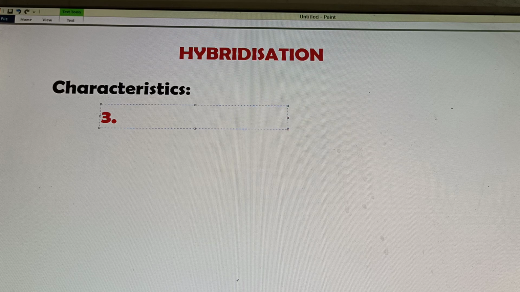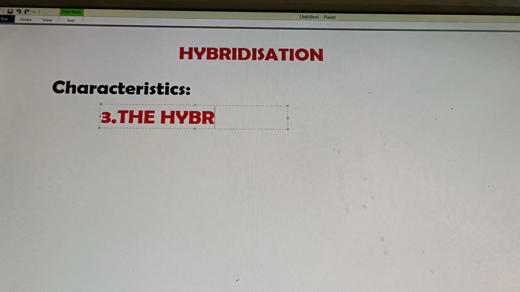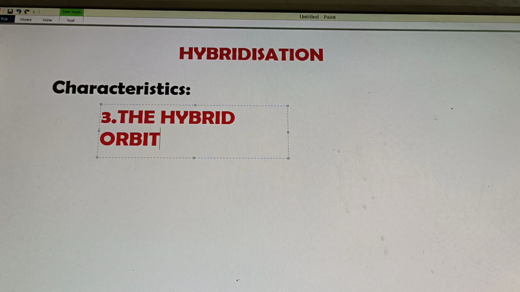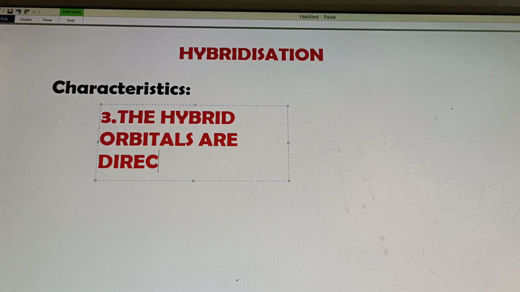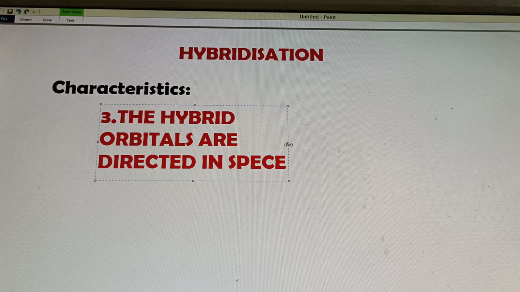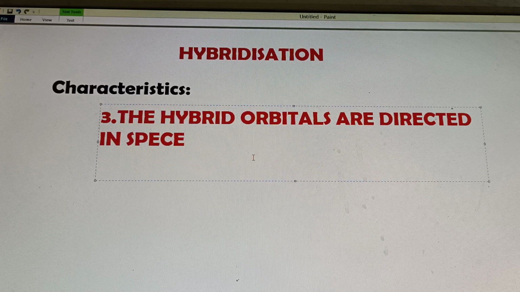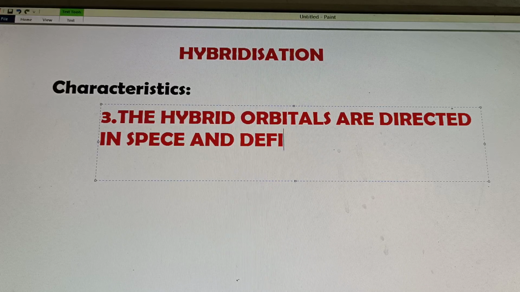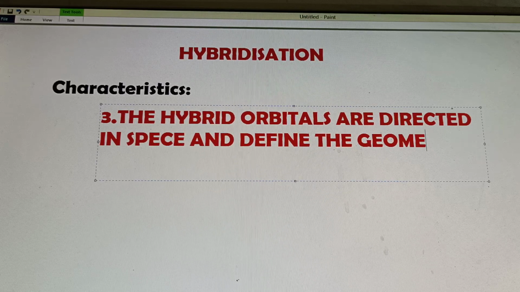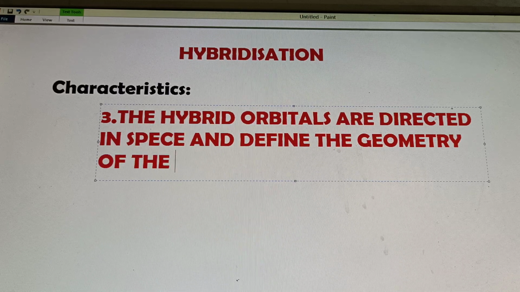So the hybrid orbitals are directed in space and define the geometry of the molecule.